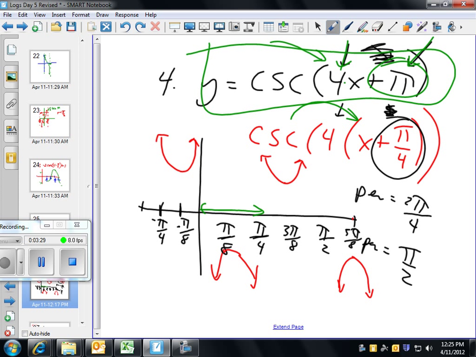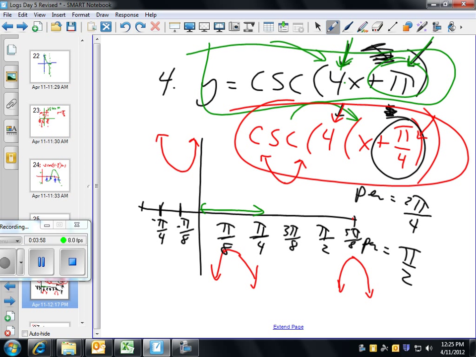You do a shift of pi to the left, and then a shrink 4 times narrower. But if you'd rather do this one and give me these answers, I would accept it, which would be first shrink it 4 times narrower, and then move it pi over 4 to the left. That's also a right answer.